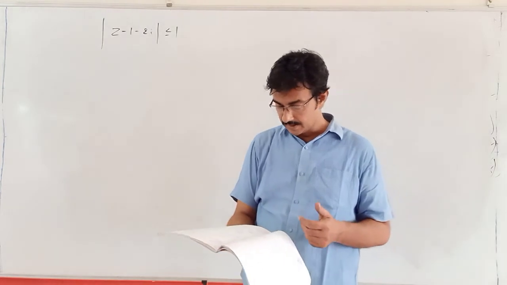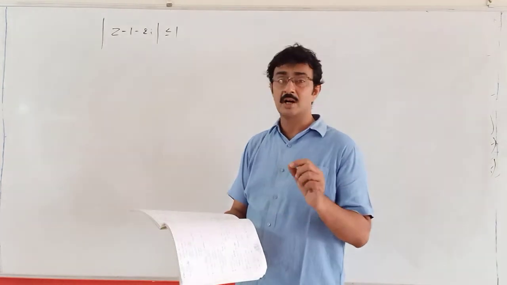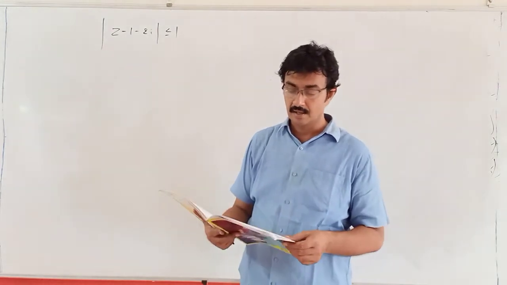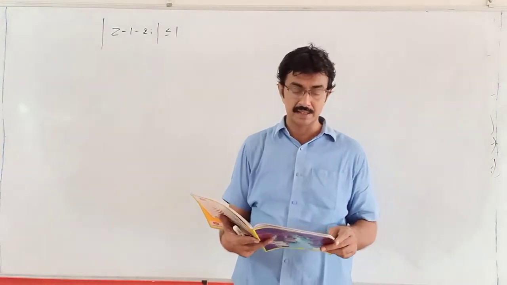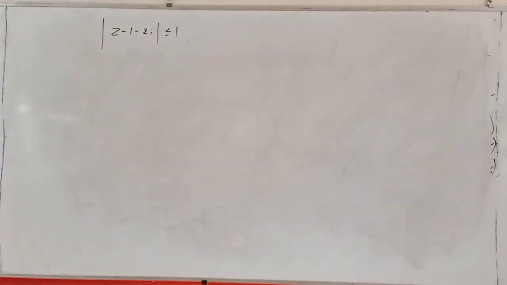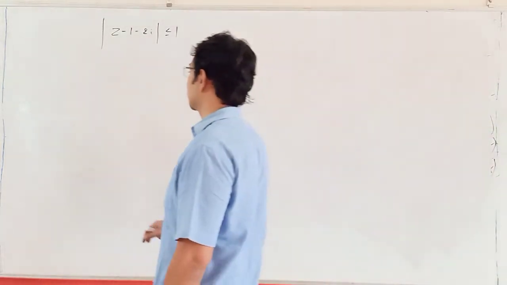Next thing. What is the complex number z having least amplitude, and what is the z having greatest amplitude? Okay, these two are very, very important. First, see the diagram related to this one.